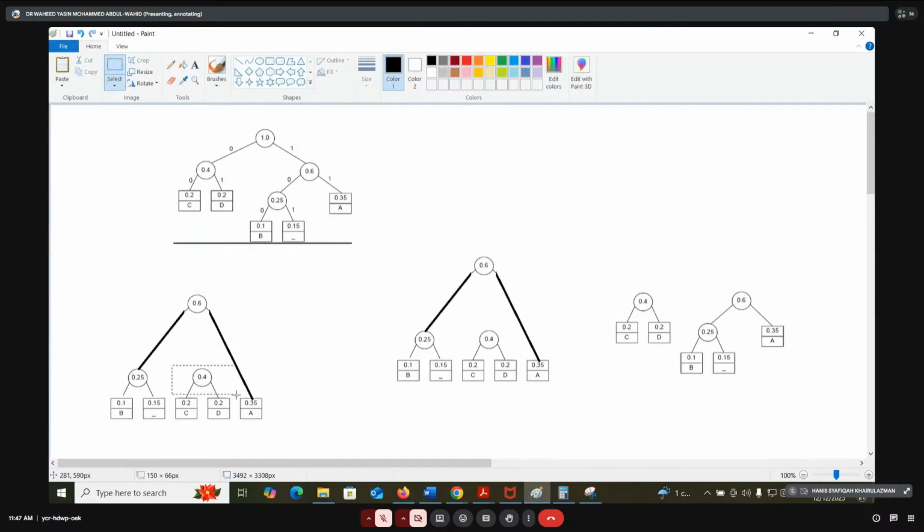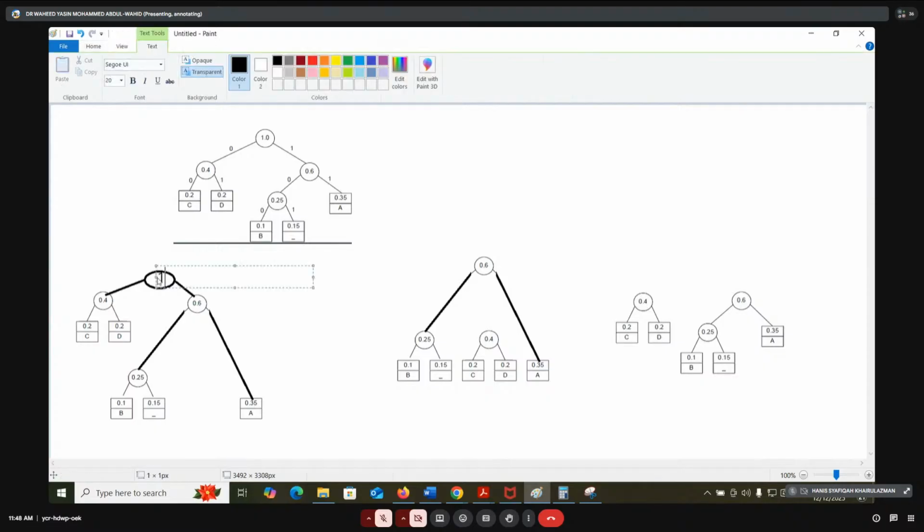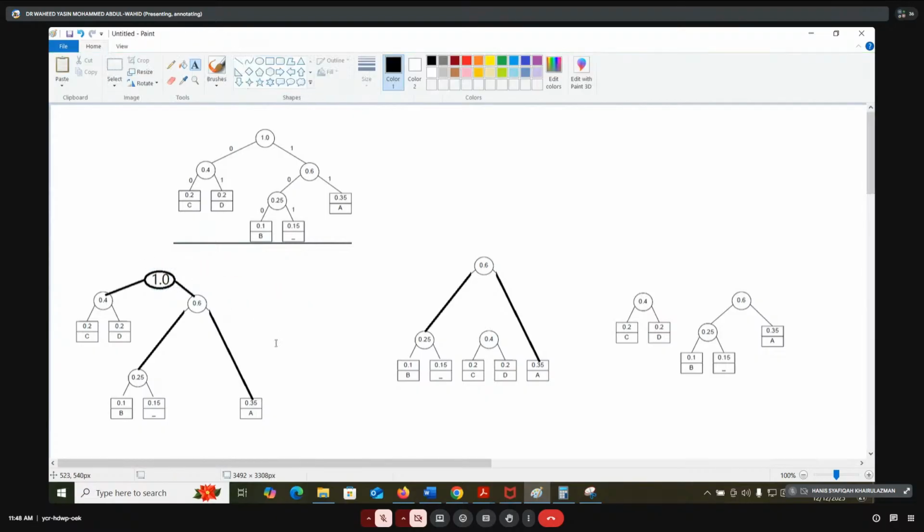Then I connect this one with this point. Then connect here. With this.